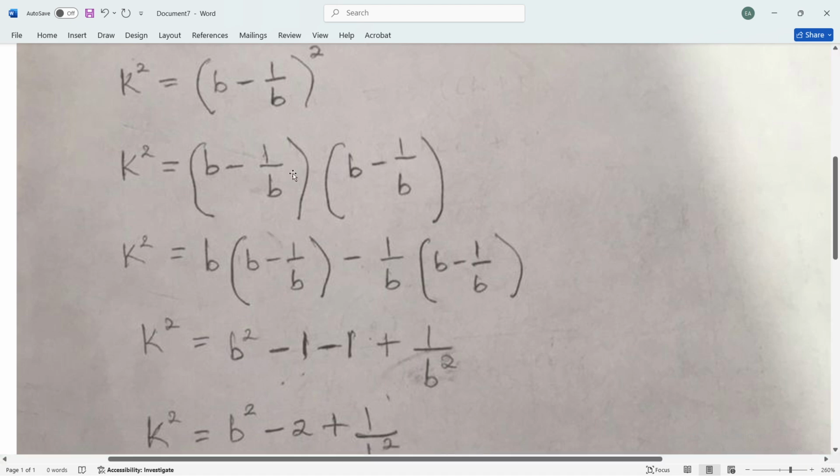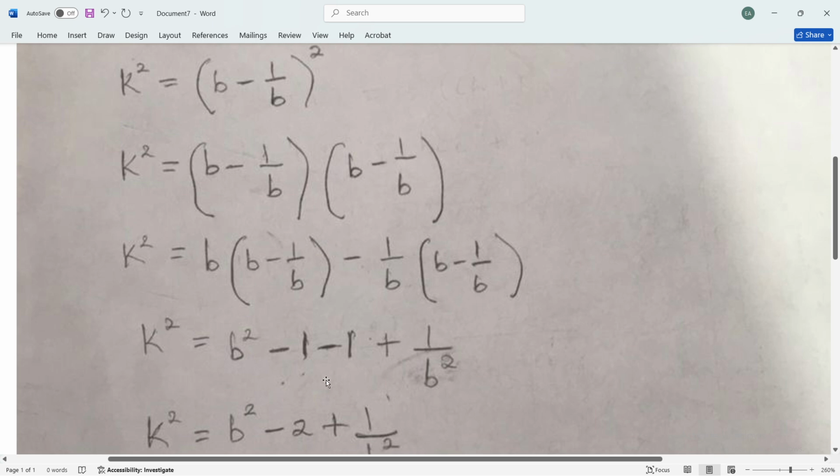So negative 1 and negative 1: you bring out the negative sign, then add the numbers 1 and 1, which gives you 2. So it's very simple, right? So our new equation is k squared equals b squared minus 2 plus the fraction 1 over b squared.